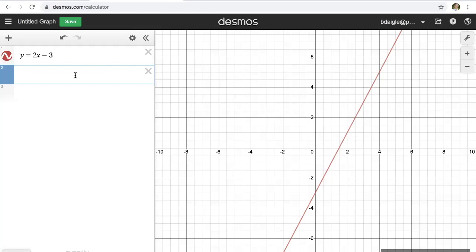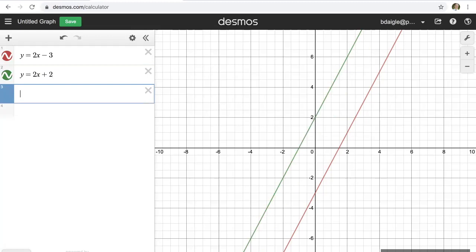So I can type in y equals, use a slope of 2, and then instead of crossing the y-axis at -3, I'm going to have this one cross at +2. Okay, here's a system that has no solution because these are parallel lines, they never cross. This system is inconsistent. No solution.